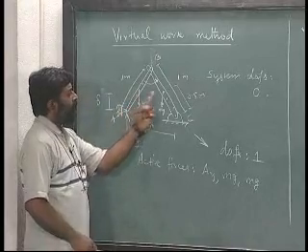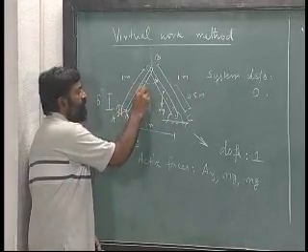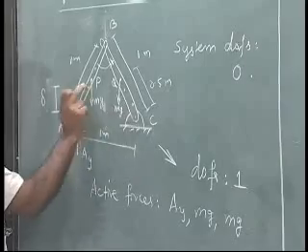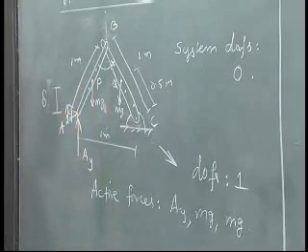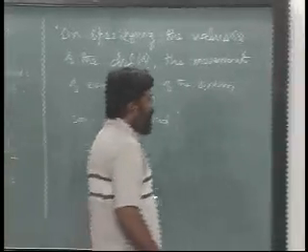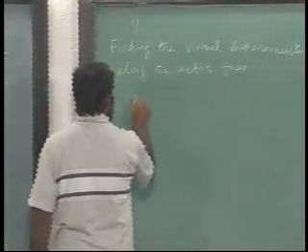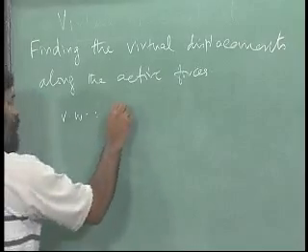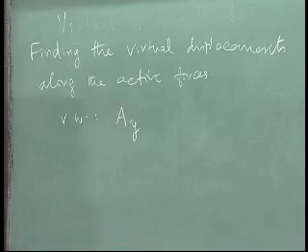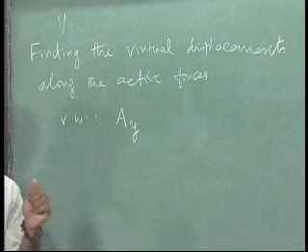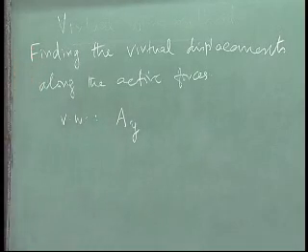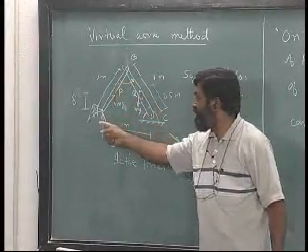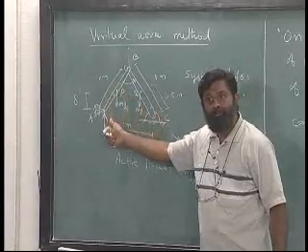Let me just name these, let us say this is P, this is Q, A, B, C, P, Q. So, if I have to write the virtual work equation, it will be Ay times the movement in the same direction as this force, which will give me a positive virtual work.